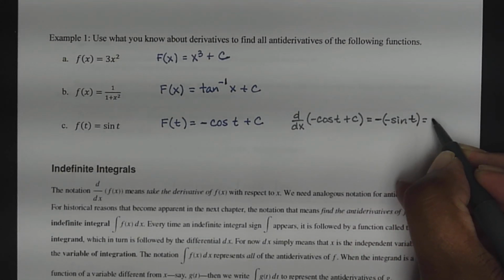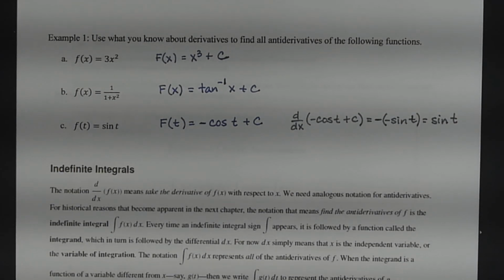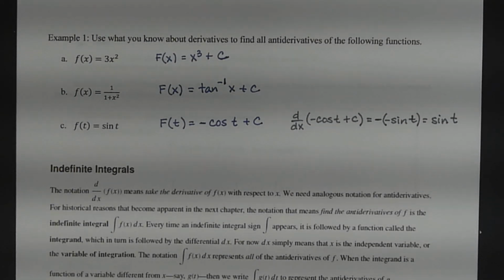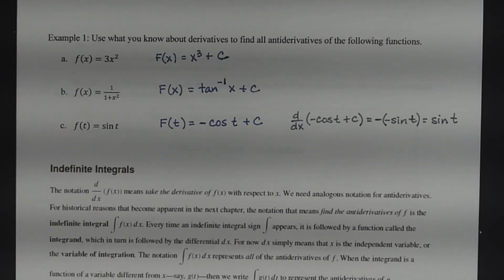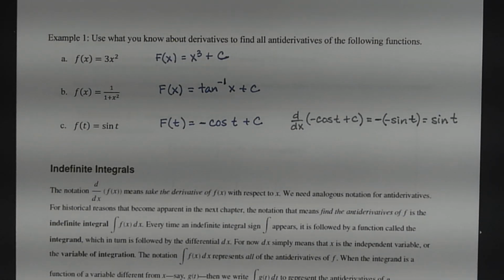And then negative times a negative will make that positive sine of t. So that means the antiderivative of sine of t will be negative cosine of t plus c. Okay?